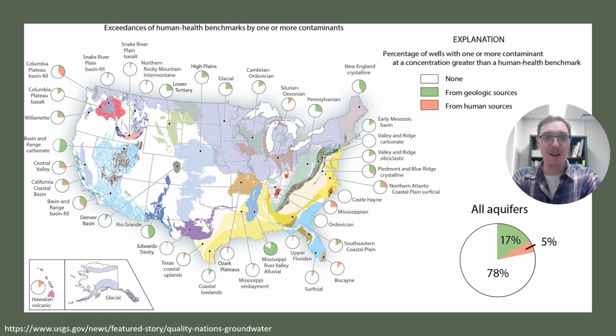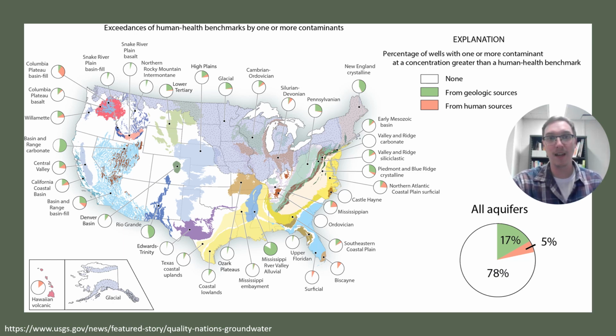If we look at another USGS figure, we're looking at contamination from geologic and human sources. This is from the same publication as the previous slide. These are exceedances of human health benchmarks by 1 or more contaminants. A lot from geologic sources, but also a lot from human sources, depending on where you are.